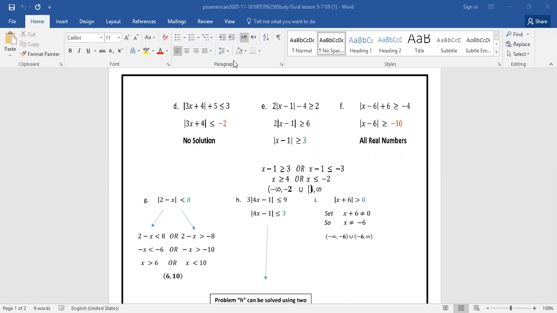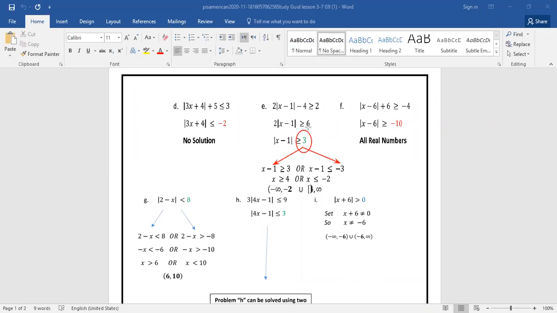Let's stop at this point. In this case, you will find that the absolute value is bigger than a positive number. Then you have to answer your question in 2 different cases, first case and second case.